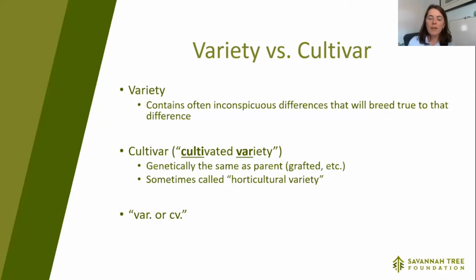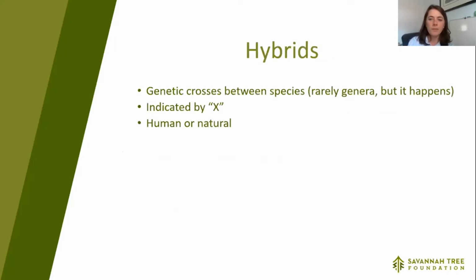It can be bad if a disease comes around and the cultivar is susceptible to that disease, or it can be good if the cultivar is resistant to that disease or other environmental factors such as heat or drought. I won't go too far into naming conventions for these, but if you see var. or cv., that can indicate a variety or a cultivar.